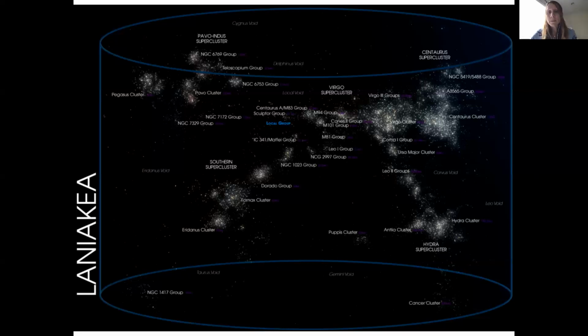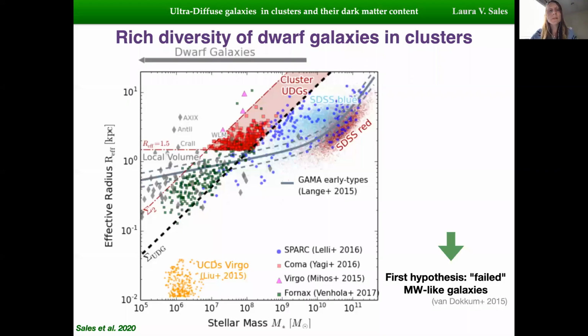So let's start by looking at the sizes of dwarf galaxies in galaxy clusters. What you see over here is the scaling relation between the effective radius and the stellar mass. This is only observations, a compilation of different observations.